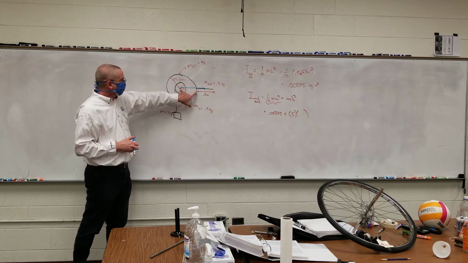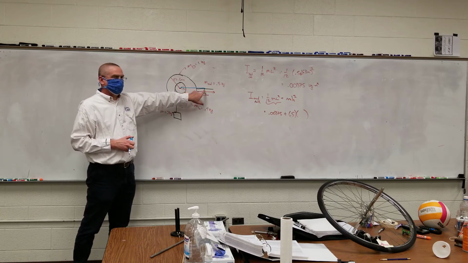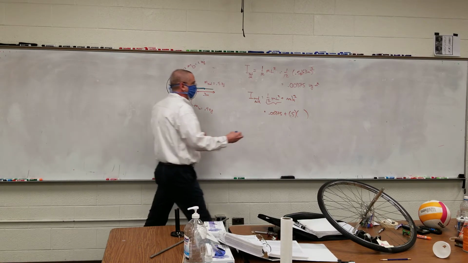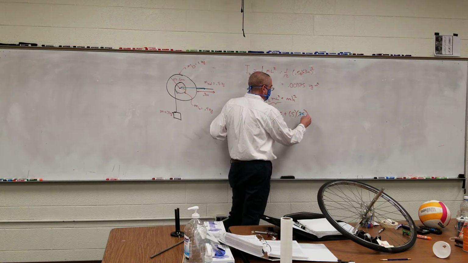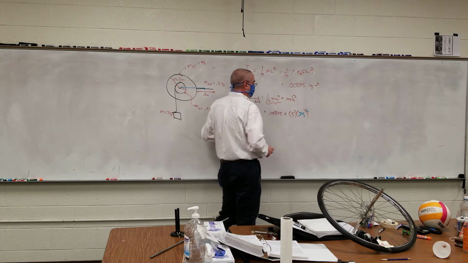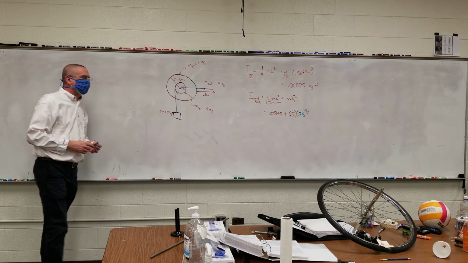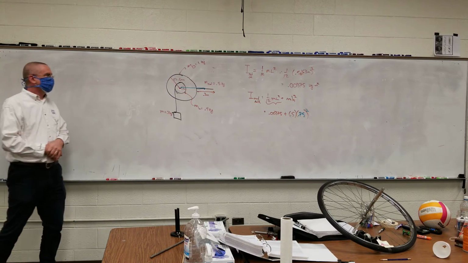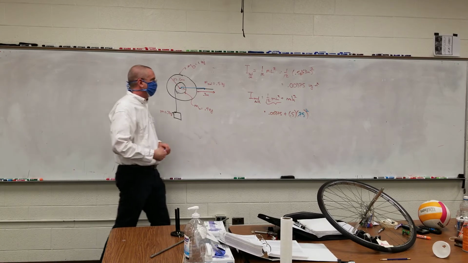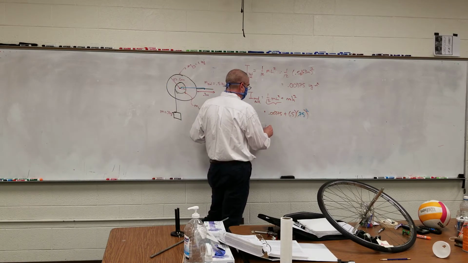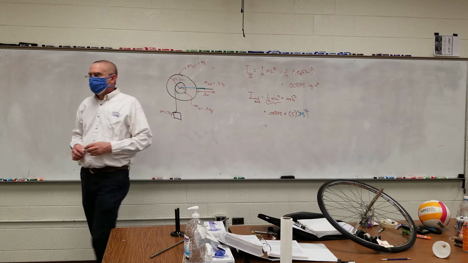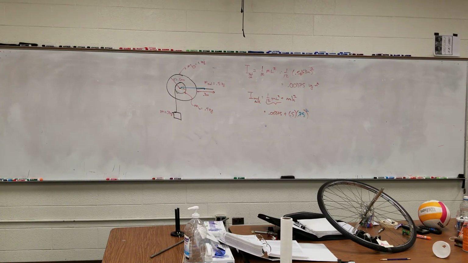It's basically the radius of the big wheel plus half the length. 0.75 squared. I got 0.285. Yeah, same thing.